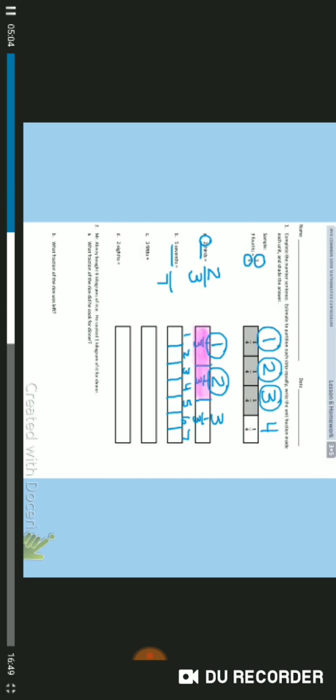So each unit is worth 1/7 of the rectangle, because it is one of the 7 pieces. Now the last thing I need to do to the rectangle is to shade 5/7. This means that I'll shade 5 of the 7 equal parts.